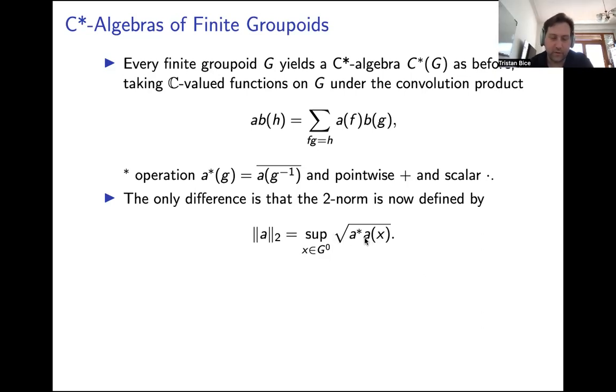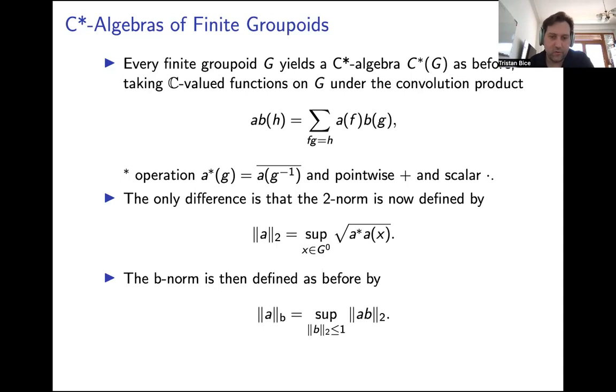A could be supported on some elements which don't have source X, for example. To counter that problem, you take the supremum over all the units, and that turns your two norm at X into a proper two norm, not just a semi-norm. Then we define the operator norm in exactly the same way, looking at the supremum of all these AB in the two norm over the two norm unit ball.